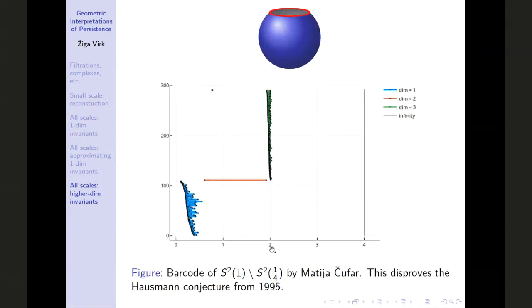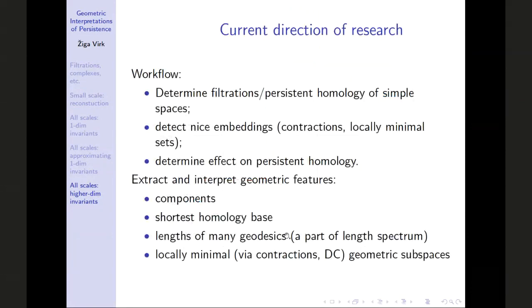And presumably, in higher dimensions, things get more complicated. So we can extract various geometric features, components, such as homology bars with lengths. So that has some geometric information.